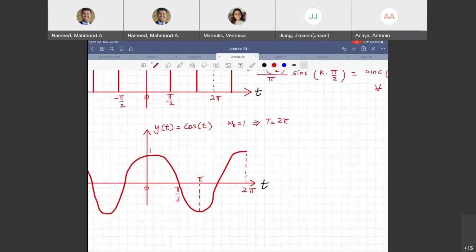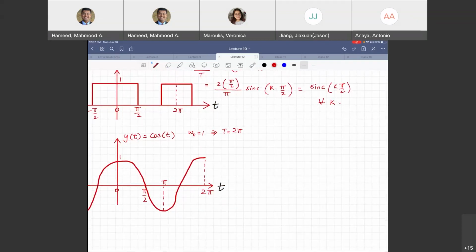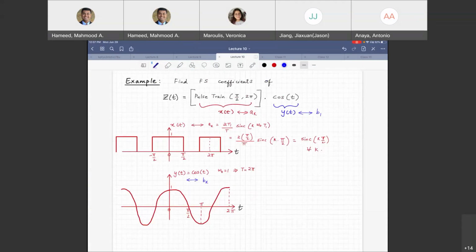How about this? What are the Fourier series coefficients of cosine t? I'm calling the Fourier series coefficients b sub k, right?